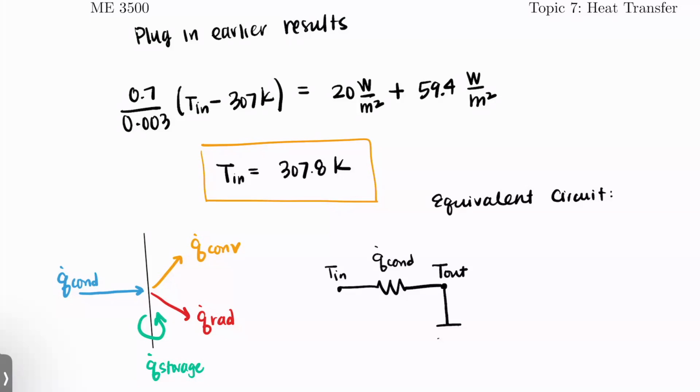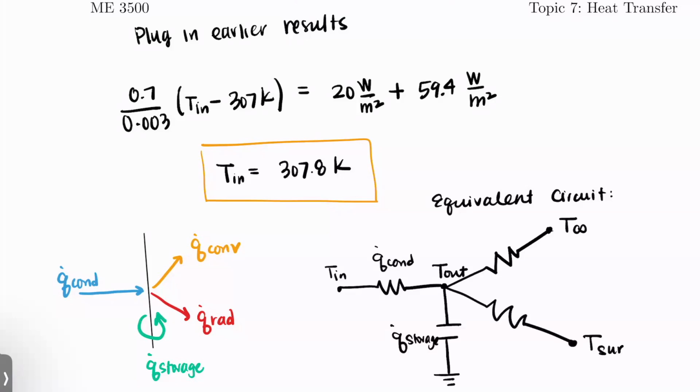We have Q dot storage, denoted with a capacitor here, and then we have T infinity and T surroundings. And this is our Q dot convection and our Q dot radiation. If anybody is feeling stressed about the equivalent circuit analysis, I will not make you do it. I'm just showing it to you.